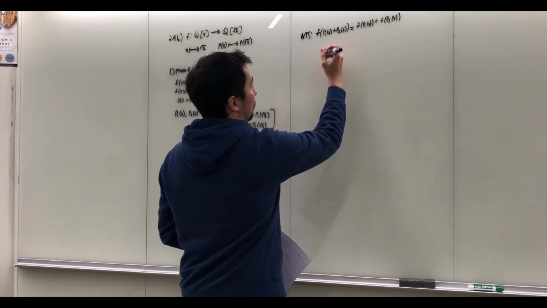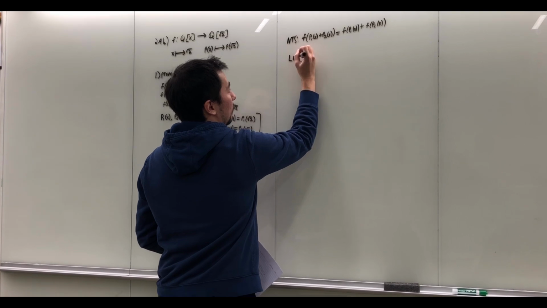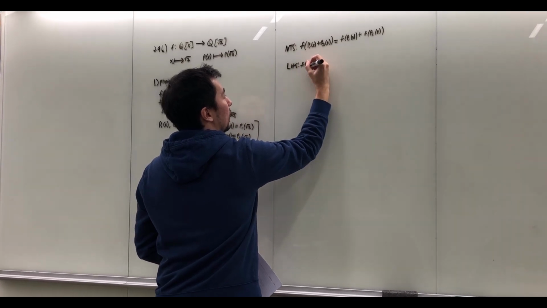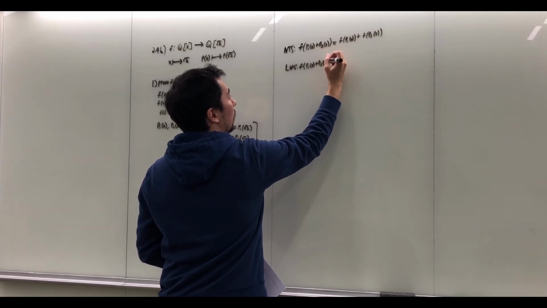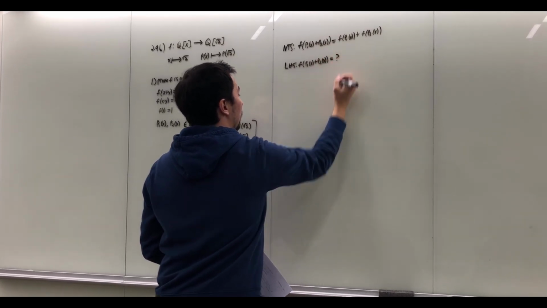We can do the left-hand side first, f of P1 of x plus P2 of x is equal to what?